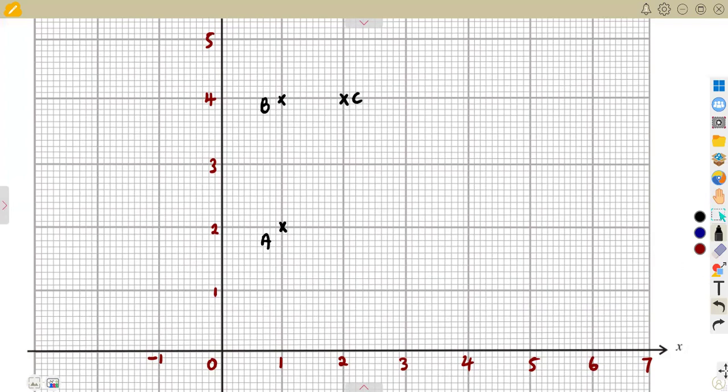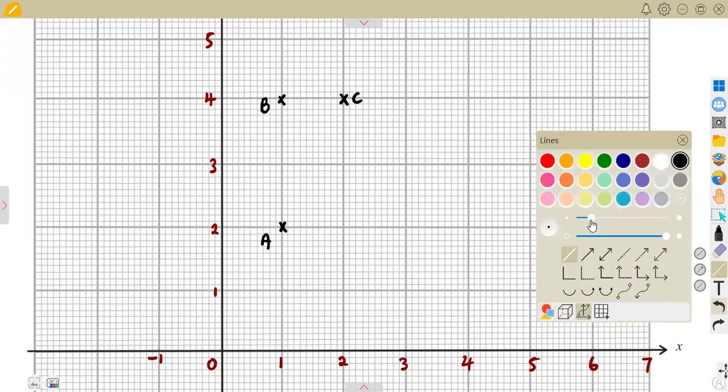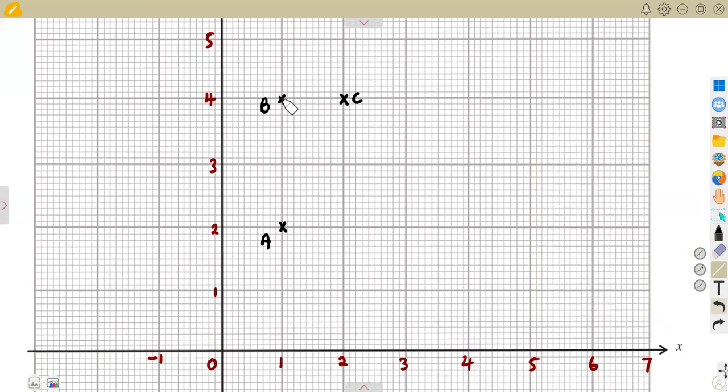I hope by now you understand this part of our coordinates, how to mark the points. So make sure that you revise on that part of marking the points, then also joining the points that you are given, forming a triangle. We talked about that.